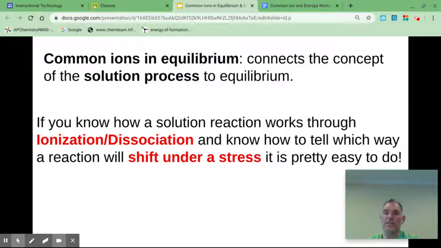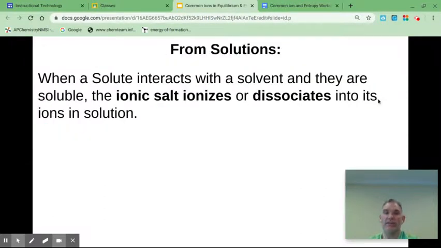This is because once you know what ions are present, you can determine which side of the reaction the ions are going to affect. And then if I'm adding, as we always said in equilibrium, the reaction shifts opposite. So when a solute interacts with a solvent and the two things are soluble, the ionic salt ionizes or dissociates into its ions in solution.